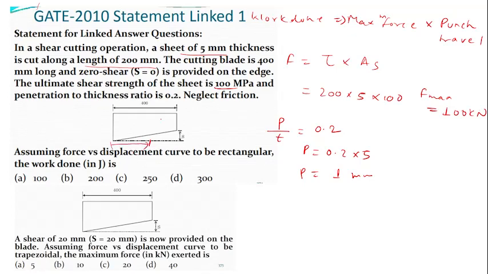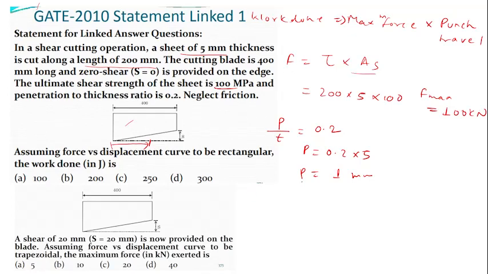Maybe your punch is of bigger size, but your sheet is only 200. You understood? So this is the dimension of your sheet. The dimensions given are for the punch, but we have to calculate the shearing area for the sheet.